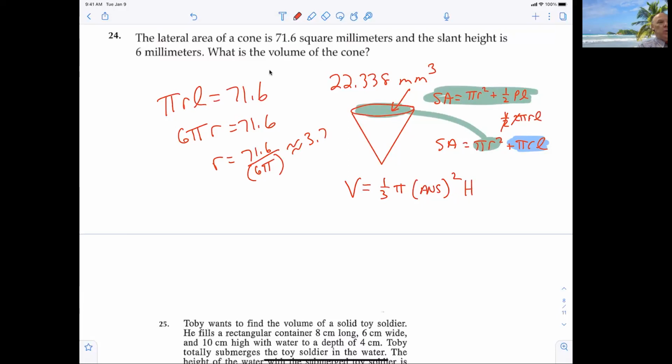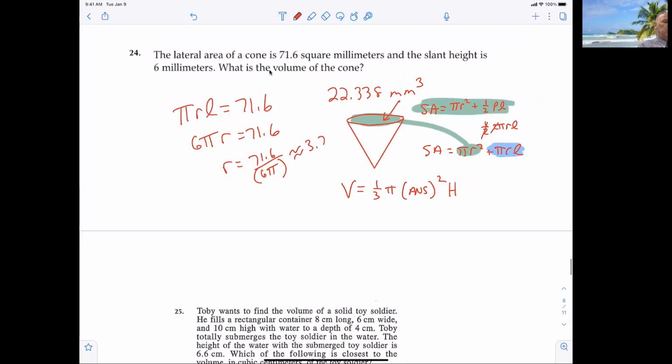Thank you. So what's the hypotenuse? 6. So 6 squared is equal to r squared plus b squared, or in this case, h squared. In my opinion, you would just do 36 on your calculator minus, then scroll up to that 3.7 answer, hit square, hit equal, then hit the square root.